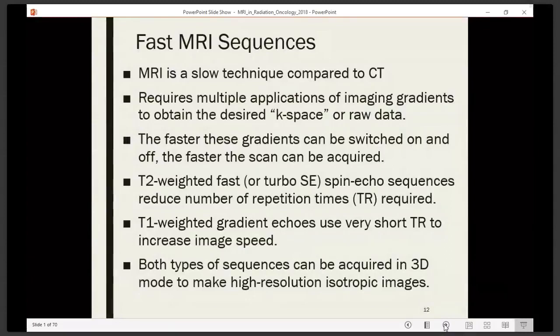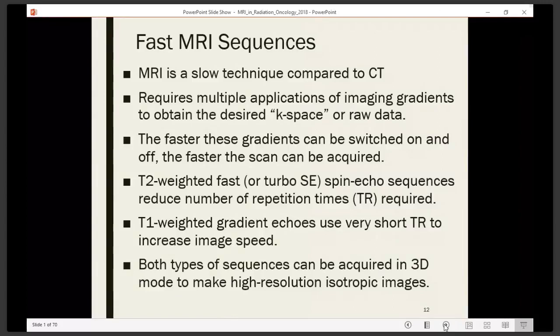But the standard spin echo pulse sequences are not particularly fast. It takes anywhere from 5 to 10 minutes to acquire a set of images. Faster MRI pulse sequences have been developed. One of these that provides T2 weighted contrast is called the turbo spin echo, or sometimes the fast spin echo sequence.